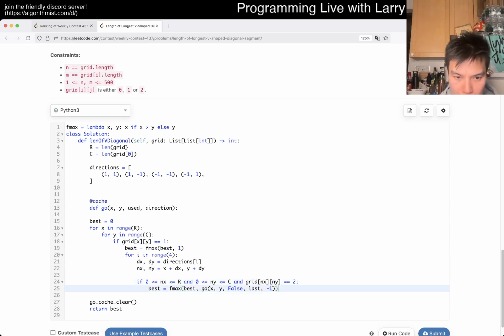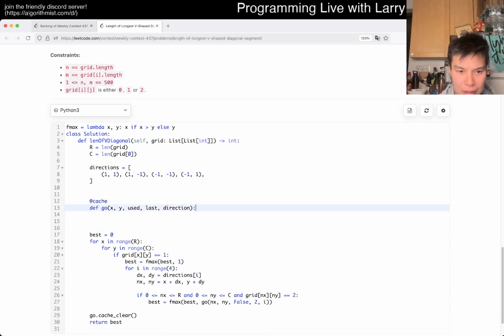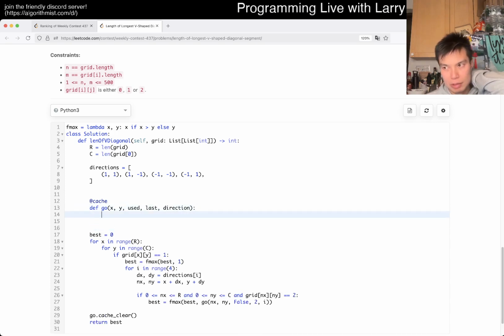So now we go there. We haven't turned yet. Last digit is 2. And the direction is I. Same thing, yep. That's a lot of states, actually. I mean, a lot of them are not going to be used. So, but still, it's a lot of state.